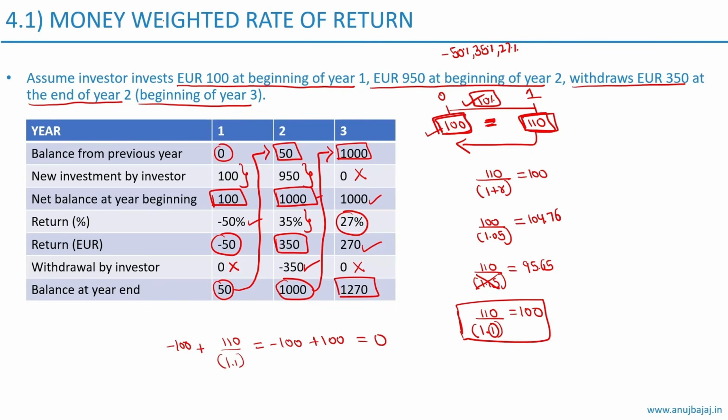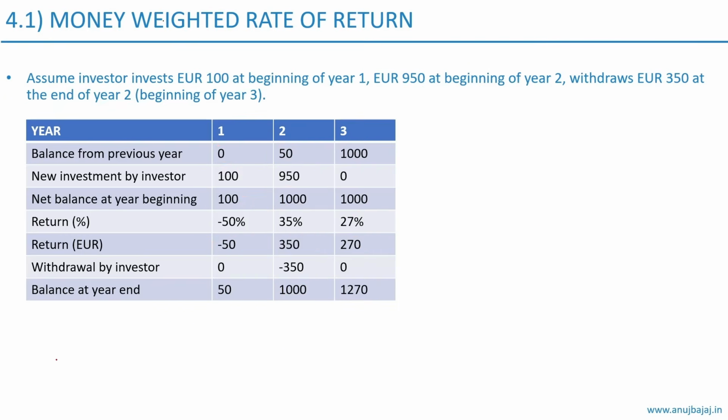So I can say the discount rate, which makes the sum of the present values equal to 0, is the interest rate we earned on the investment. Listen to this carefully. The discount rate, which makes the sum of the present value of all the cash flows equal to 0, is the interest rate that we have earned on the investment. So this is what IRR is.